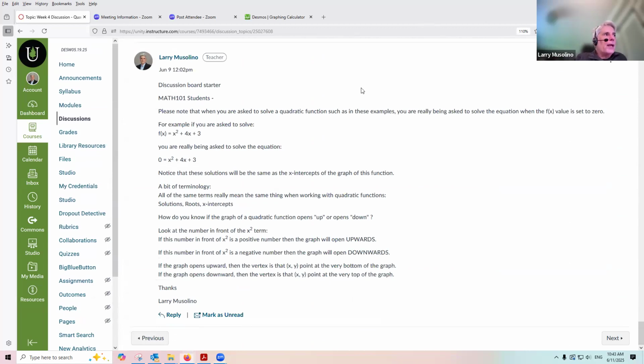So a quadratic function is one that has an x squared term. Here's an example: f of x equals x squared plus 4x plus 3. The fact that there's an x squared term is what tells you it's quadratic.